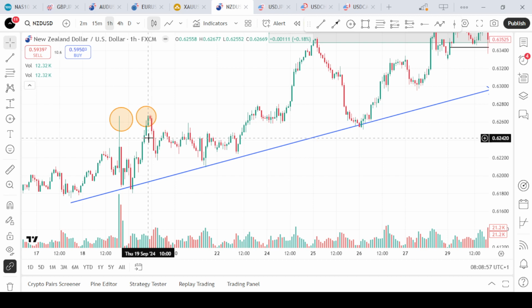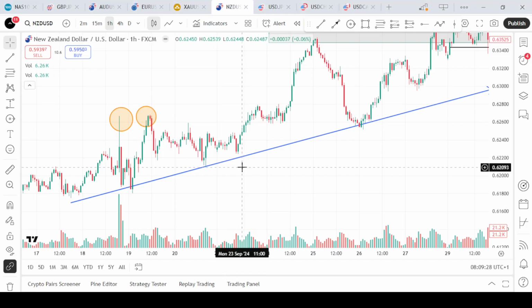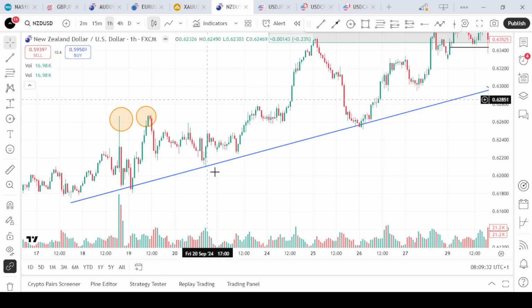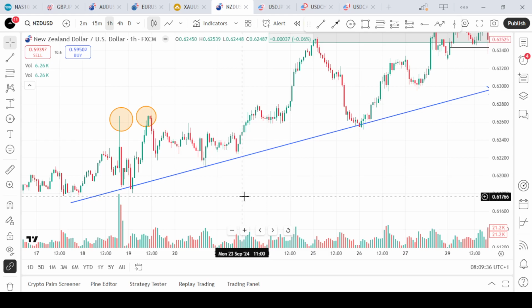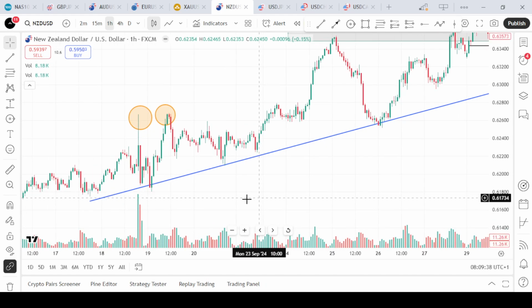Now, another mistake we make is overtrading. Overtrading is a mistake that can drain both your capital and your emotional energy. Seeing patterns everywhere and trading excessively may lead to poor decision making.